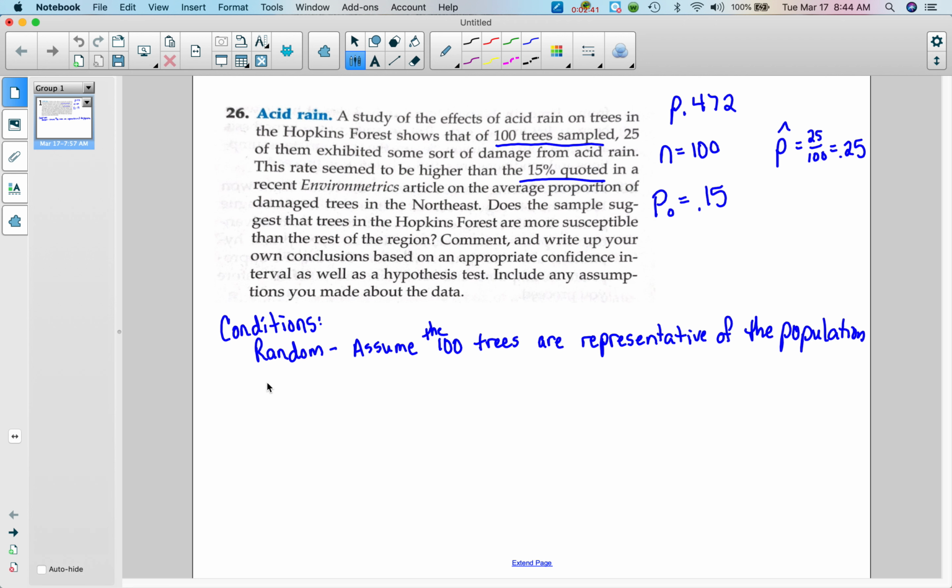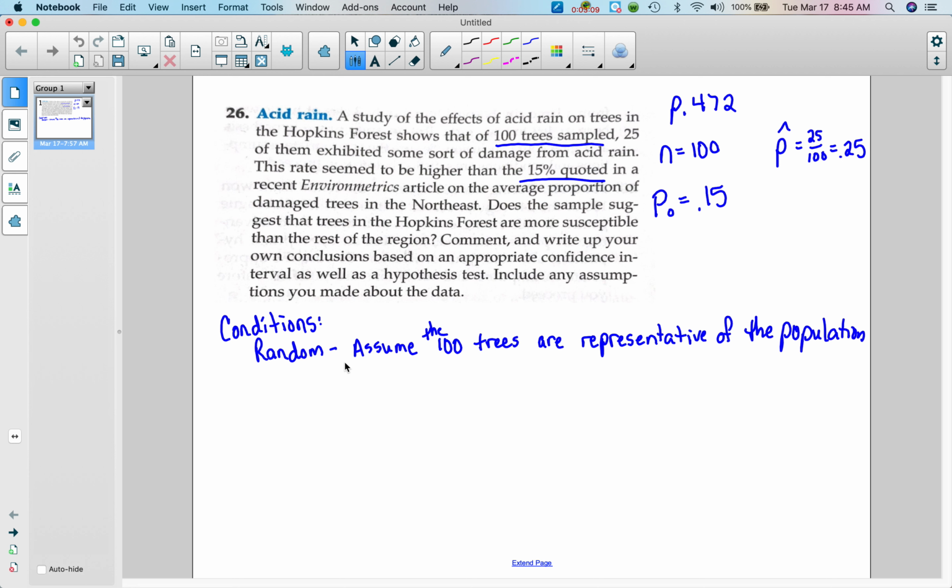Then we need another condition, the idea of independence. This goes along with the same idea. Whether or not it's true, we're assuming that the trees are independent of each other. That could be an issue because if they're all from the same region and there was not a random sample, they do say that 100 trees were sampled, so we don't know that part of it.